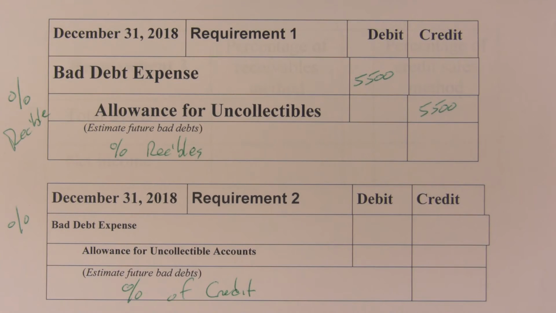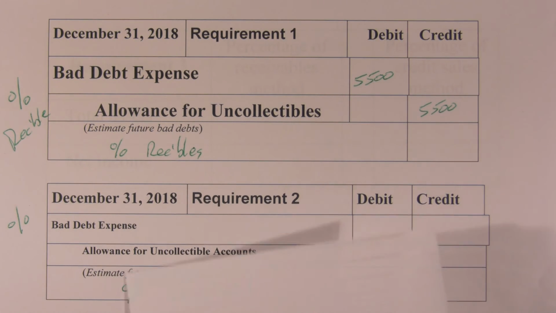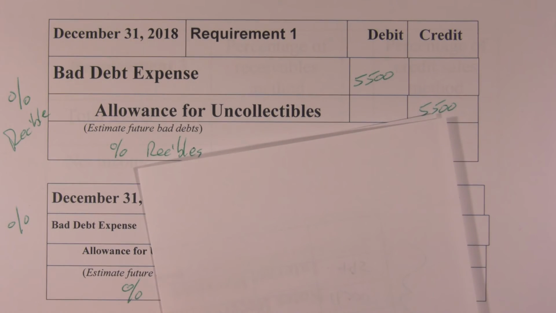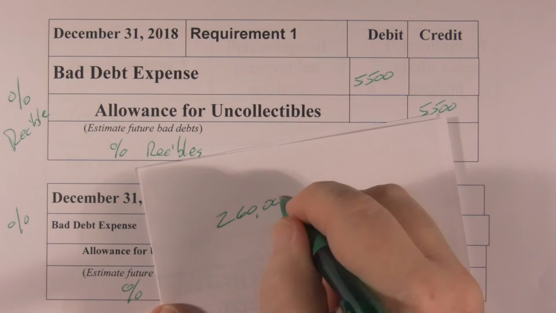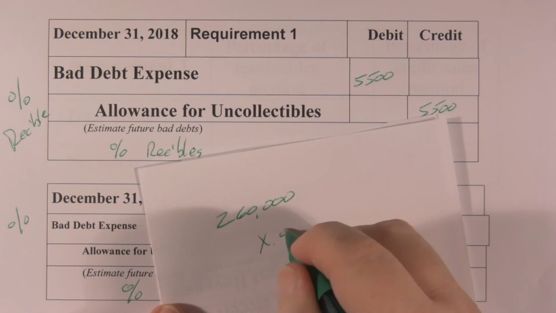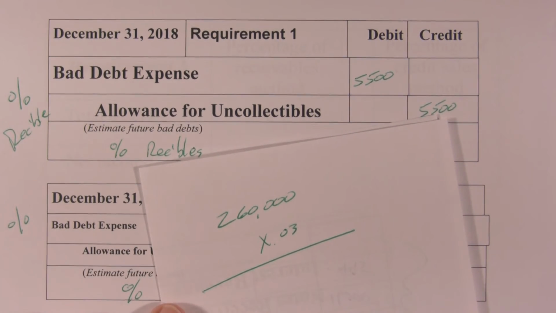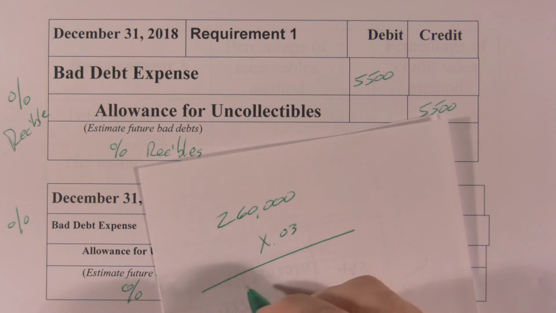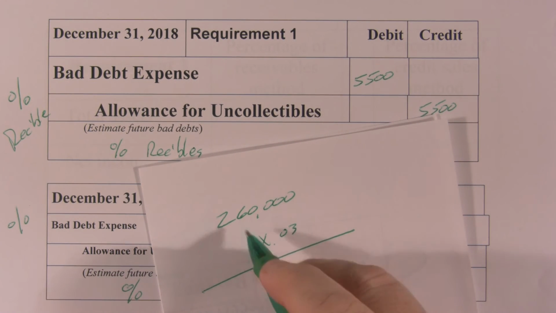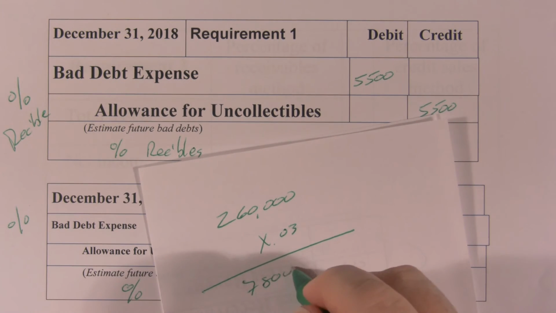Now, the second method, the percentage of credit sales method, is really a whole lot simpler. They tell us the credit sales are 260,000. You're not going to collect 3% of those, they estimate. So 3% of 260,000 is 7,800.